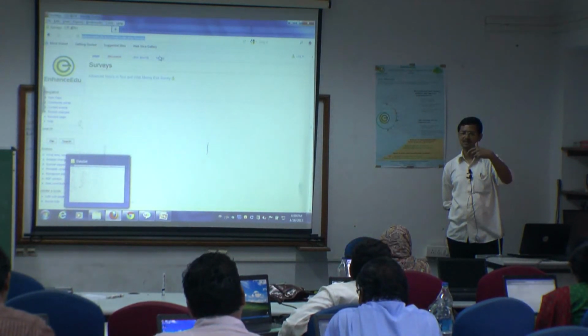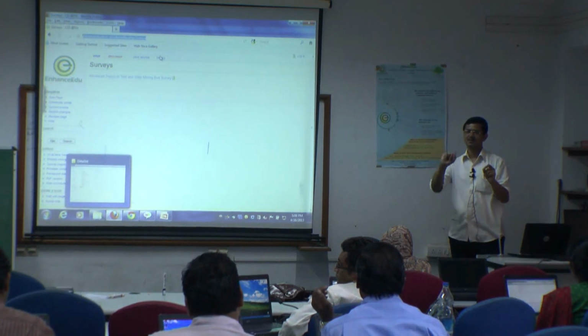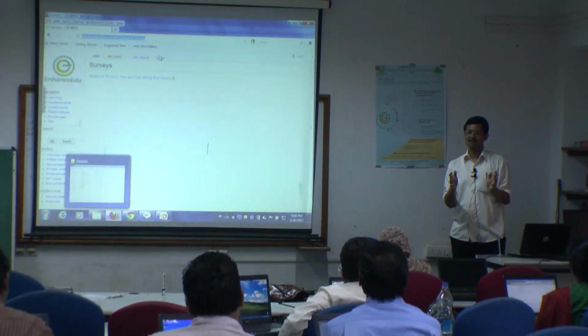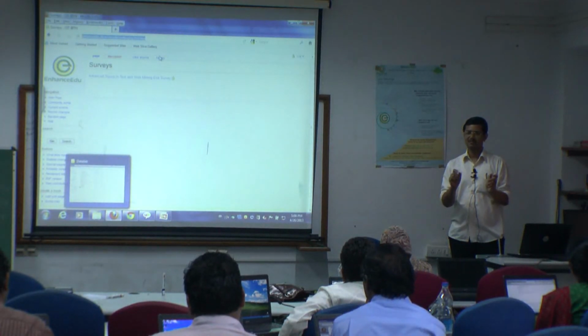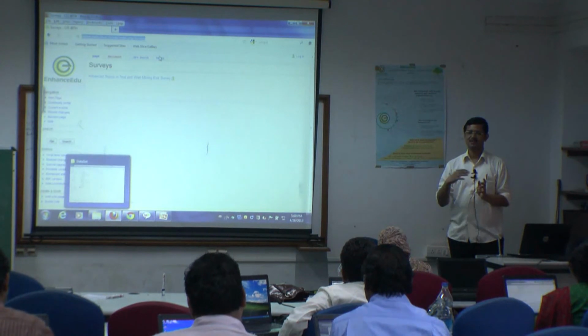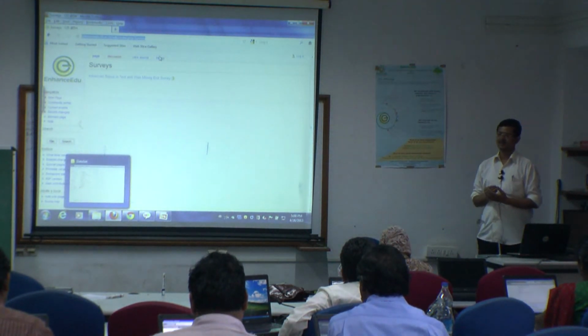You have to just download that request form and write that you want to use the data for non-commercial research, and sign it with your organization name. Then they will give you a password, and based on that password you can download the Duke data set.